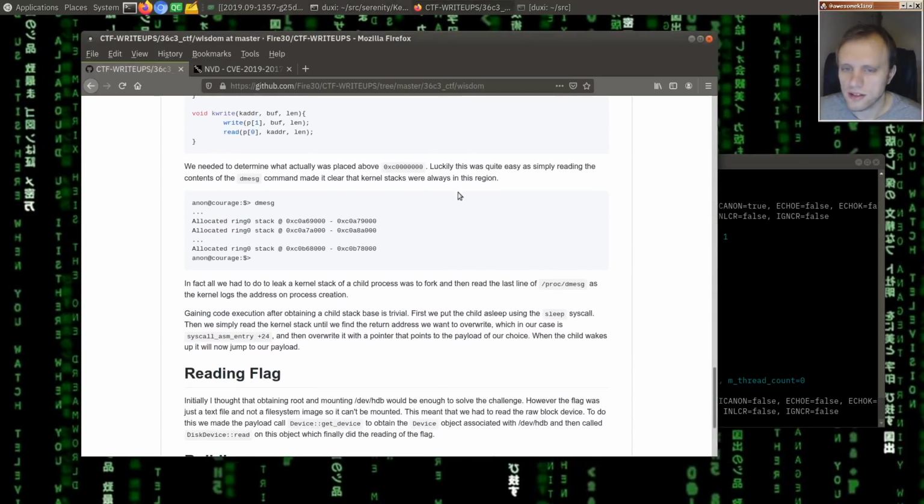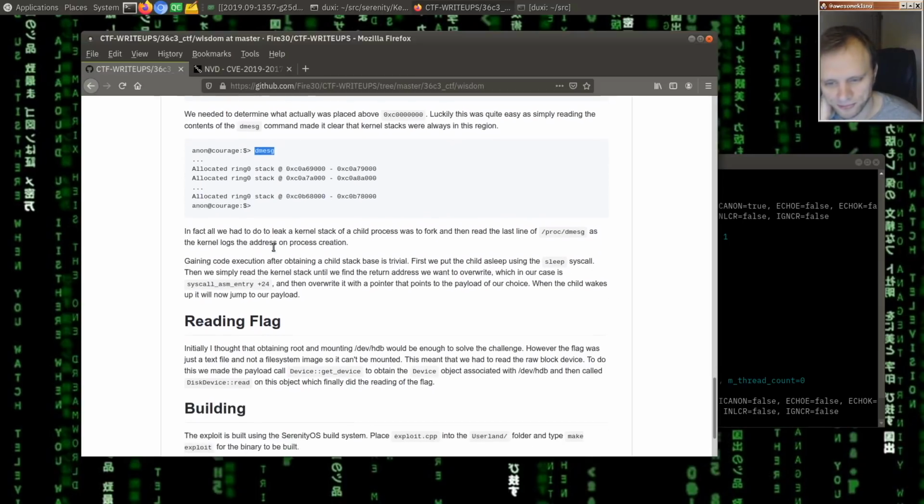So he looks for a stack pointer, and very nicely, we just dump these out in the dmesg, because whenever we allocate a kernel stack for a new thread, we print a little message saying, oh, I allocated a kernel thread stack for ring 0 here at this address. So you can just go and look in the dmesg output to find these.